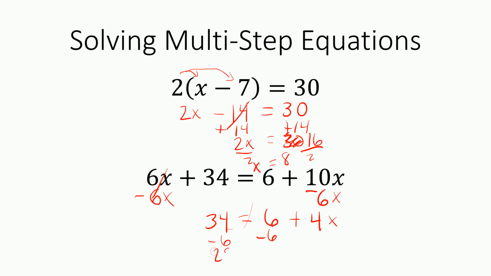Subtract 6, 28 equals 4x, and then divide by 4, and I'm running out of a little room here, but I can write over here 7 equals x. And so the value of x is 7. That's the solution. I just had to remove x's from both sides of the equation, or from one side of the equation, because they were on both sides.